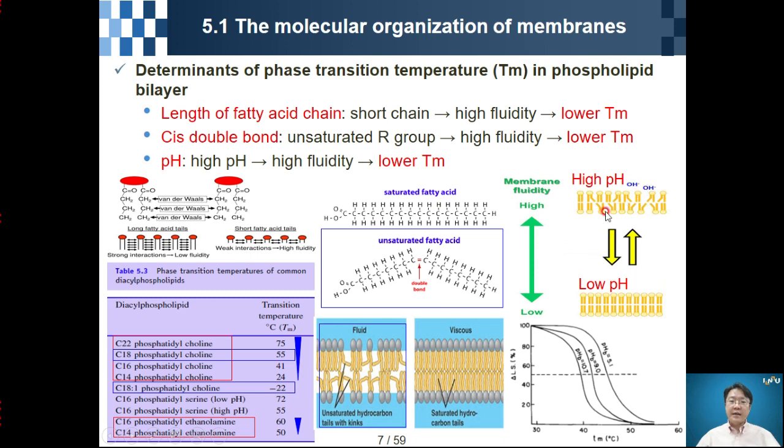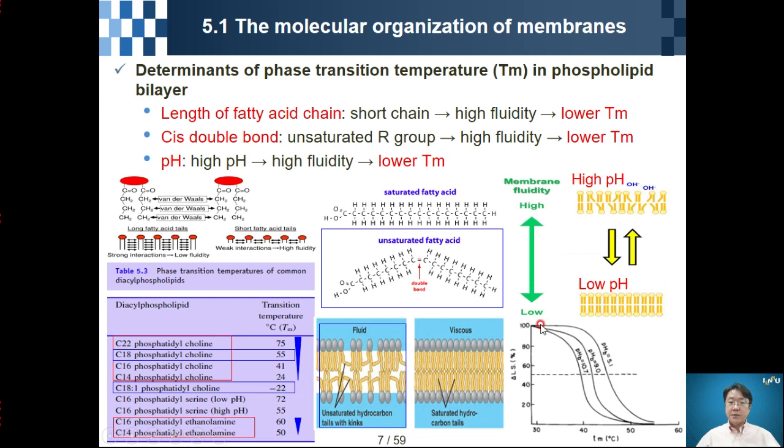So in these cases, when they were in higher temperature, the fatty acid chain will be unstable like this. So it will induce high fluidity, which means that finally it will exhibit lower TM.